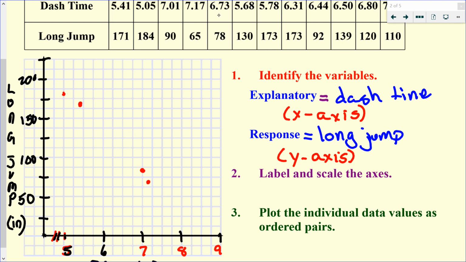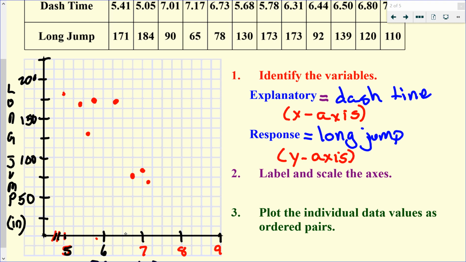Excuse me. 6.73 goes with 78. 5 and 130. Oh wait, still doing that wrong. 6 and 78. 5 and 130. 5.78 and 173. 6.31 and 173.